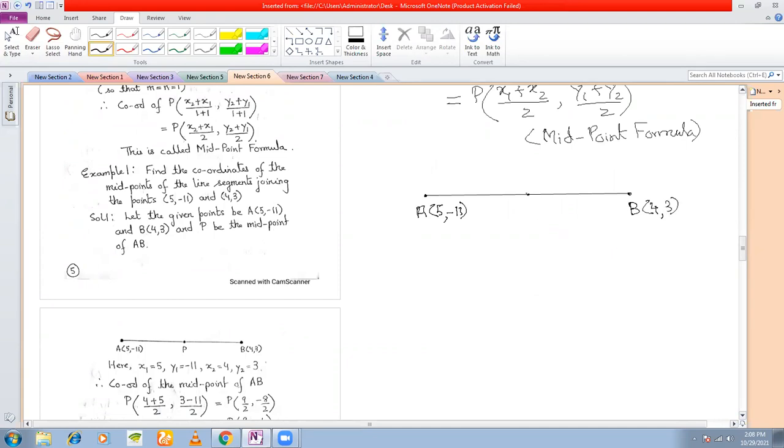Okay, and let us say that the midpoint here is P. So P is the midpoint. If you take this as your x1, y1, it does not matter which direction you take your x1, y1 and x2, y2. You can take any one as your x1, y1, any other as your x2, y2. Only in the case of the section formula, it really matters. Okay, so therefore, what should be the coordinates of P?